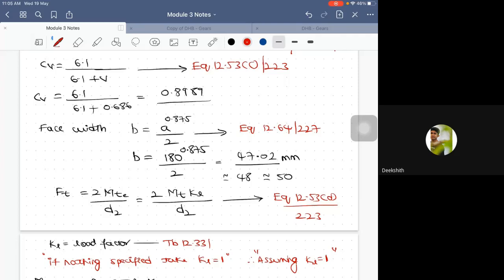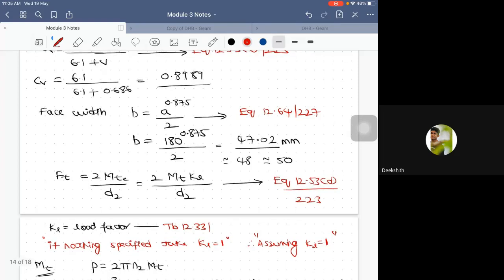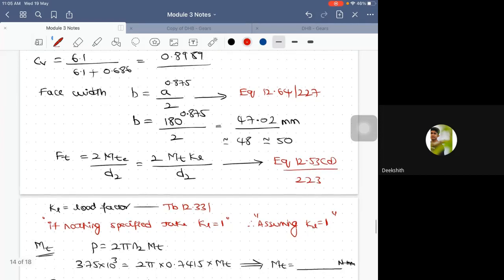In order to calculate this, I think you don't have the value of MT, right? So for that, you can use this 2 pi NT by 60. If N is in RPM, then it is N by 60. If it is not RPM, then it is just small n into MT. Just substitute the parameters over there and calculate the torque.